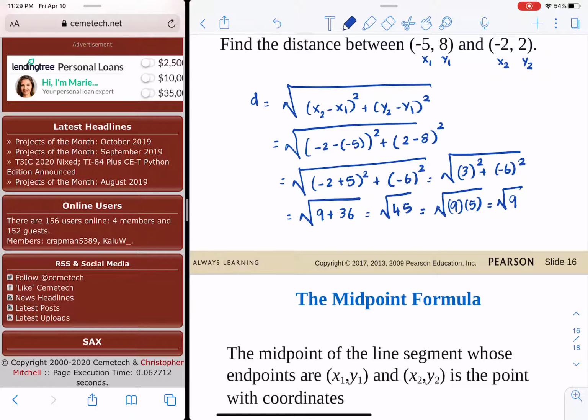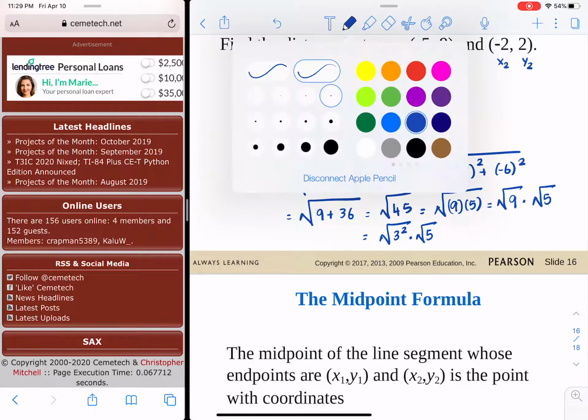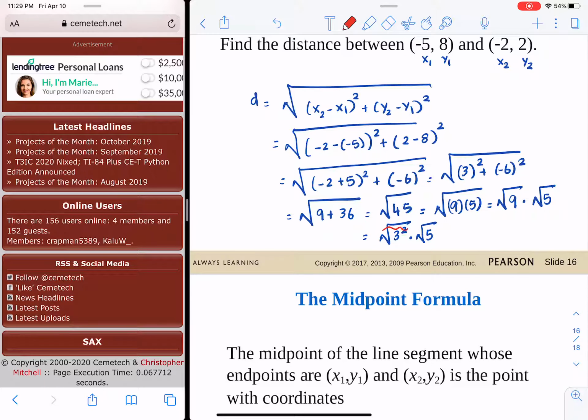So let's split the roots, write it as square root of 9 times square root of 5. So square root of 9 is square root of 3 squared times square root of 5. The root and the power would go away. So we have 3 times square root of 5.